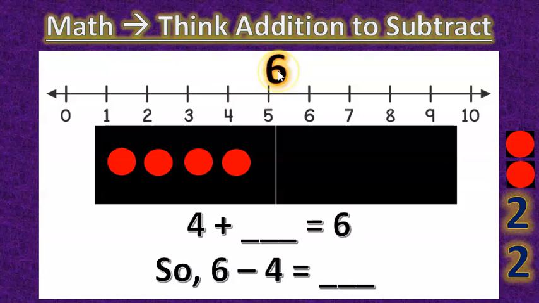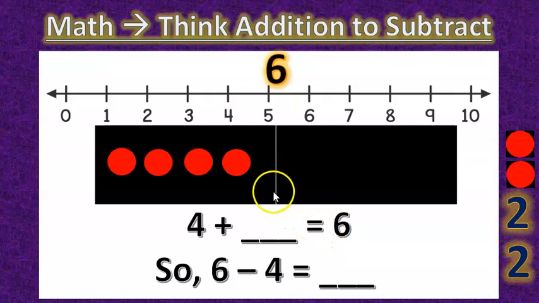What number is this? 6. Good job. And remember, whatever number is here has to be here. Okay? It has to equal this same number. So you see we have 6 here, and we also have 6 here. So that's what we know now.